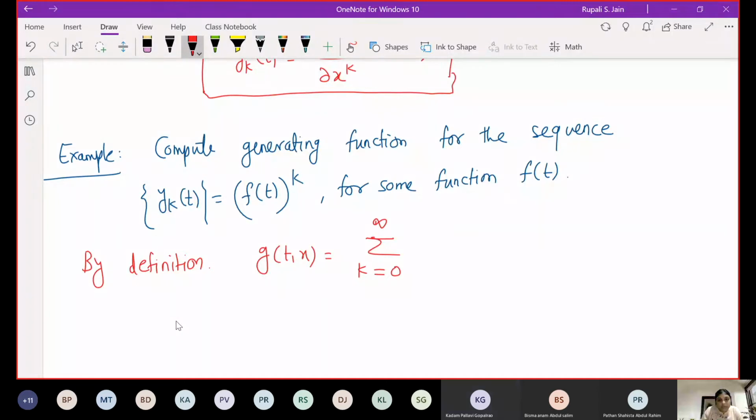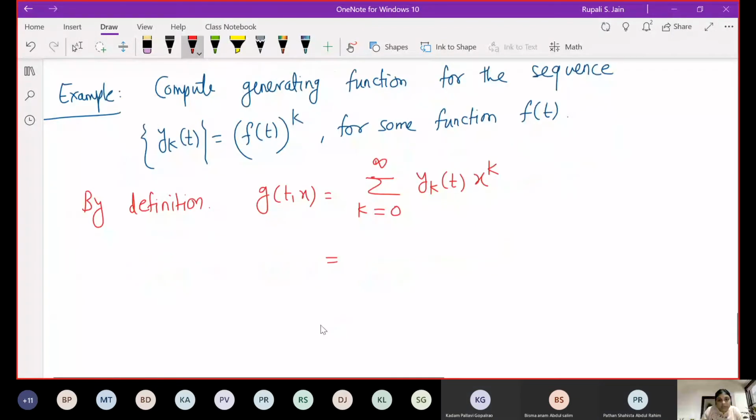So what is my y_k(t)? It is f(t) raised to k. So this can be written as the summation k equal to 0 to infinity of (f(t) x) raised to k.